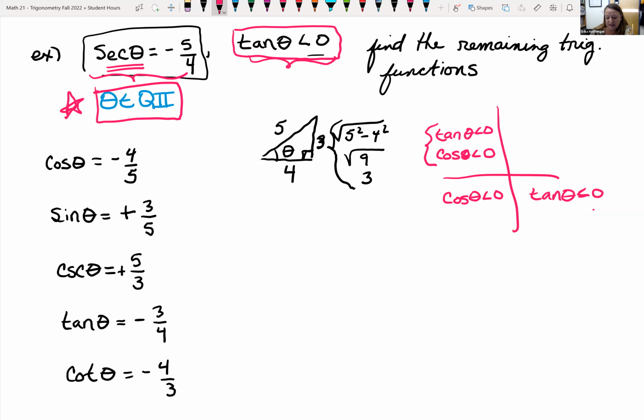Then looking at secant theta, that's 1 over cosine. Cosine represents the x of the point on the unit circle, so cosine is negative in quadrant 2 and quadrant 3. We're looking at where both of those hold true, so that would have to be in quadrant 2. Then thinking about these in terms of x and y values, you can determine whether that trigonometric function is positive or negative in those quadrants.